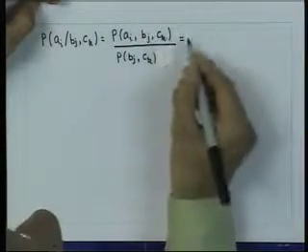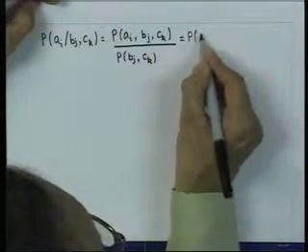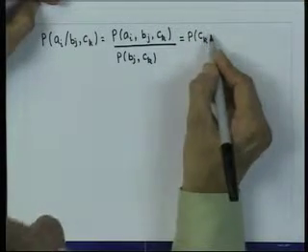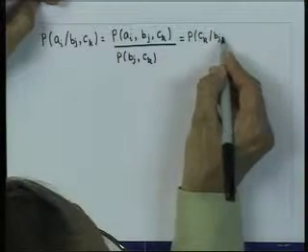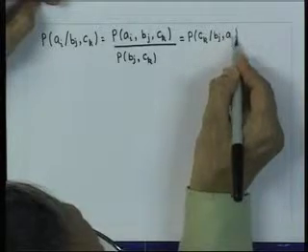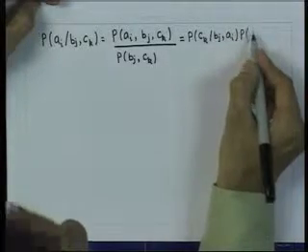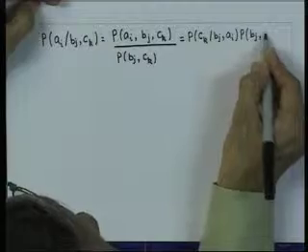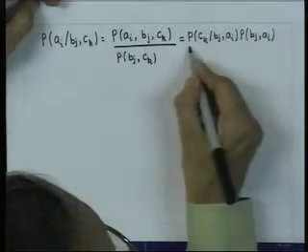Now, this can be written as probability of C_k given B_j, A_i multiplied by probability of B_j, A_i.